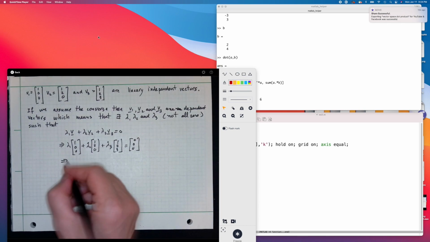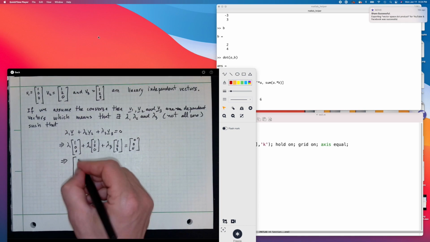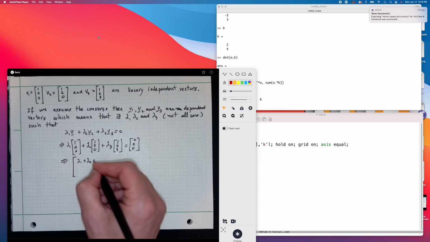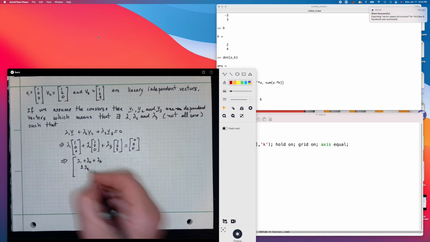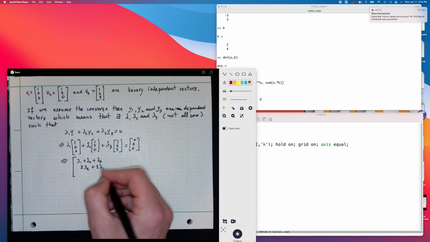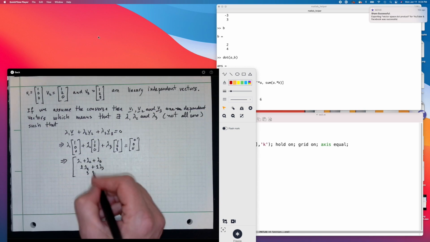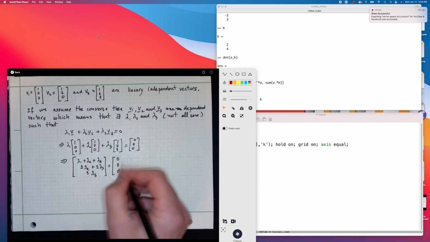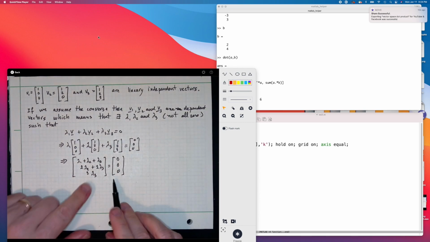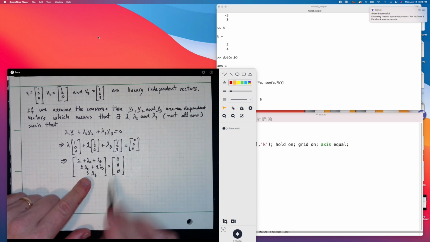Or lambda 1 plus lambda 2 plus lambda 3, 2 lambda 2 plus 2 lambda 3, and 3 lambda 3 is equal to 0, 0, 0. Now if two vectors are equal to each other, then they have to be equal component-wise.